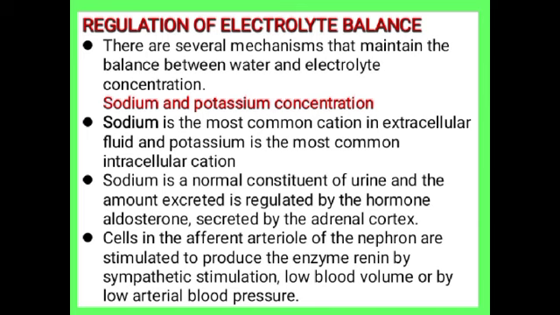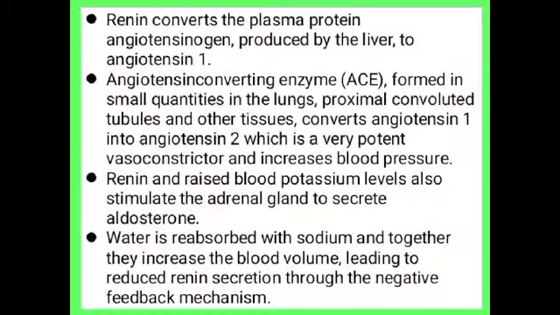So the last point here is saying that the cells in the afferent arteriole of the nephron, which is at the glomerular site, are going to secrete the enzyme renin by sympathetic stimulation, and this renin is going to act on the plasma protein angiotensinogen, so as to convert it to angiotensin 1 and then to angiotensin 2, and this angiotensin 2 is a vasoconstrictor which also increases the blood pressure.